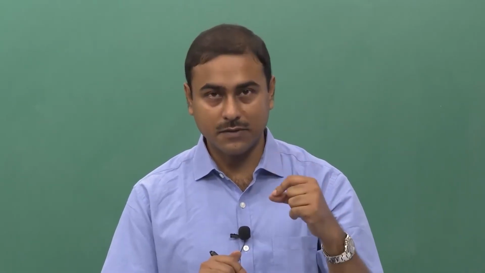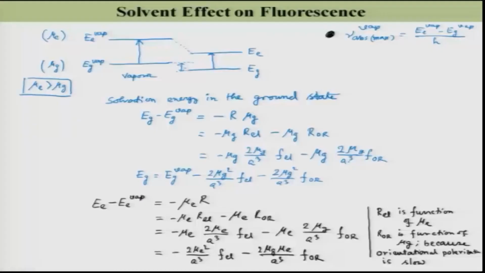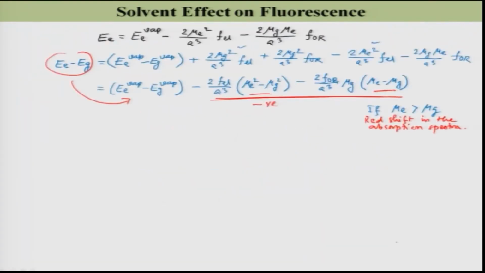Now, if I give enough time, then instead of using mu G for the ROR for that E state, I will use mu E because I have given enough time for that, right. So, let us see what will happen for that.